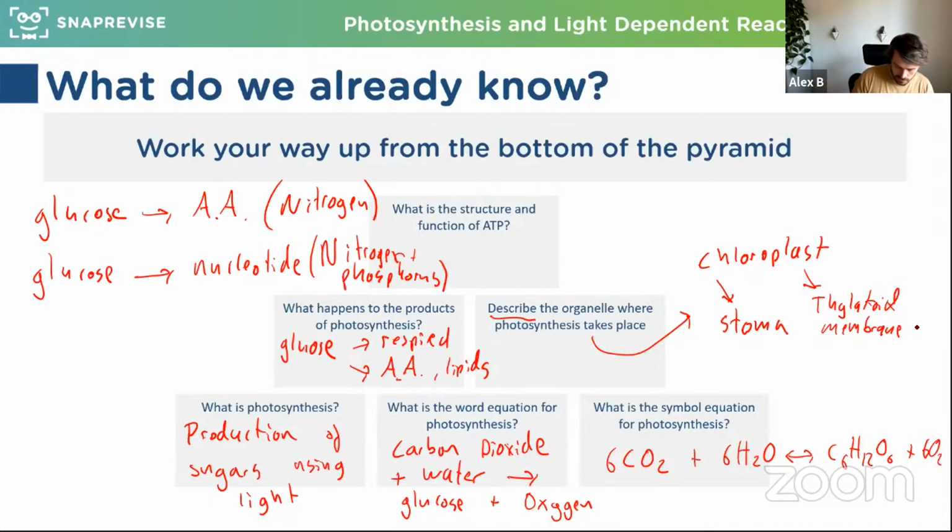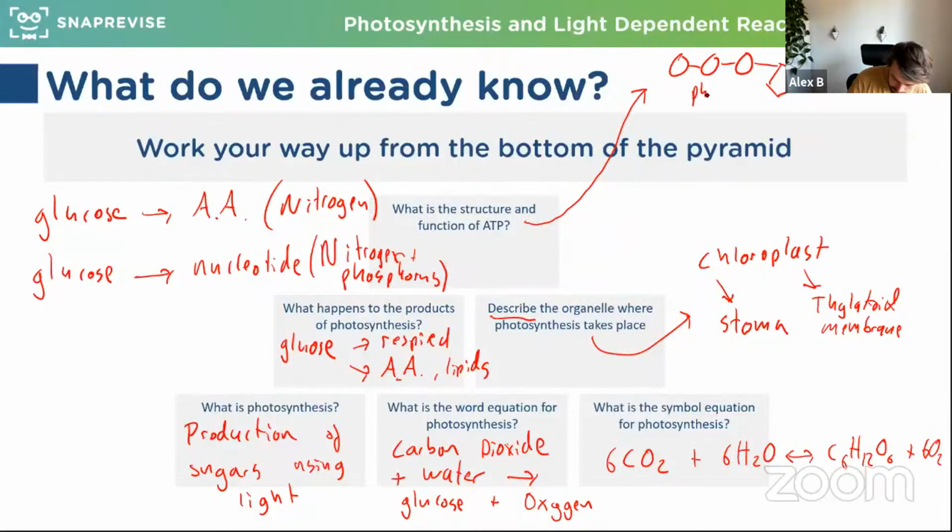Okay, final question. What is the structure and function of ATP? Yeah, nice, the name, adenosine triphosphate. Good. Yeah, so it's 3 phosphate groups bonded to a sugar, and then that's bonded to an adenine base.